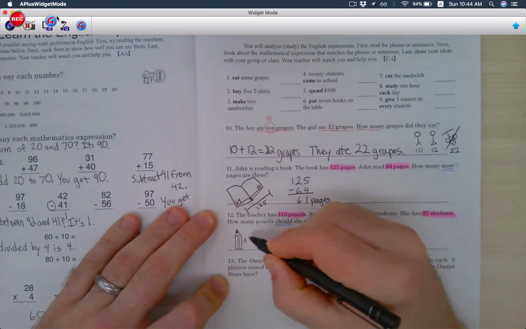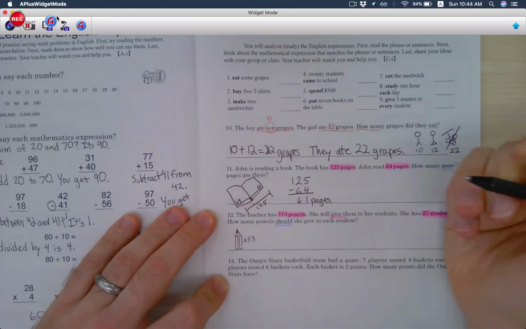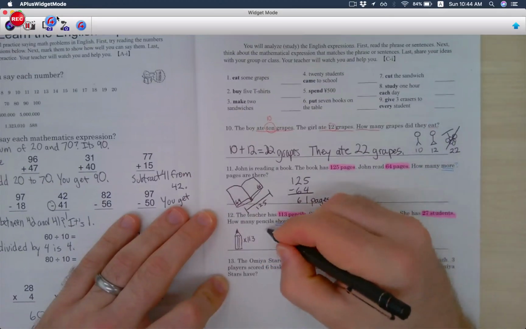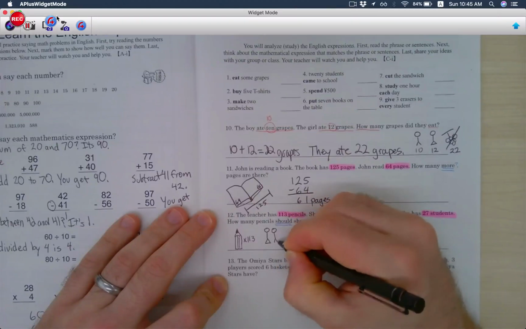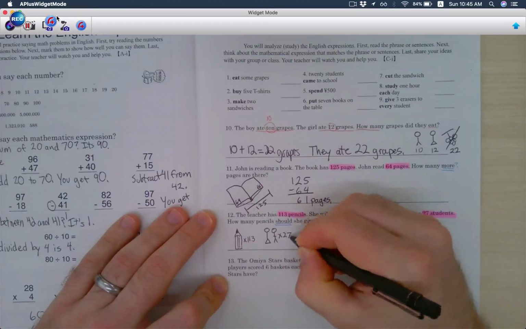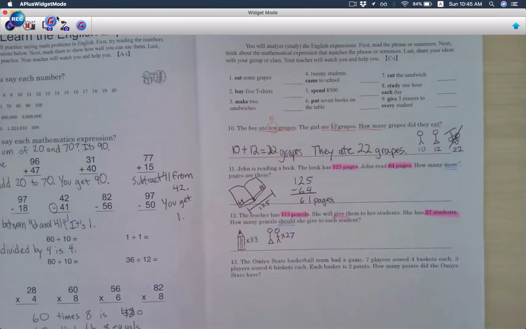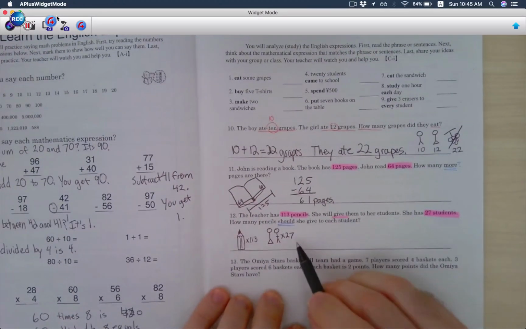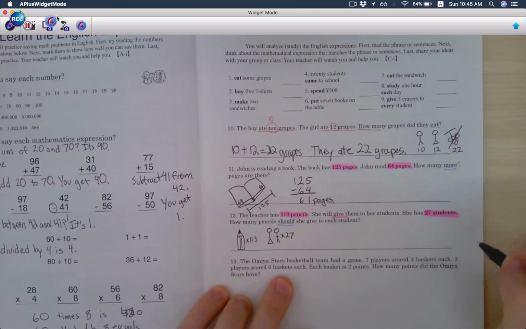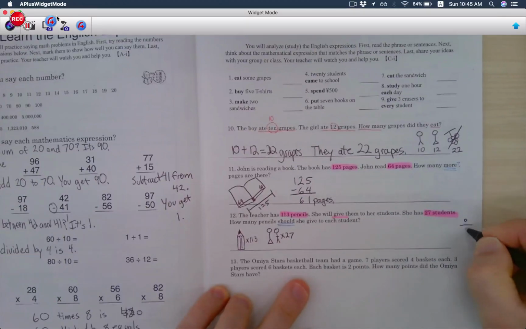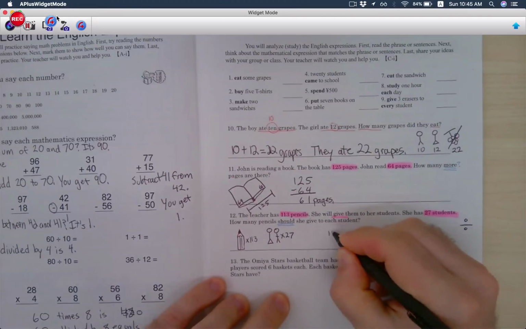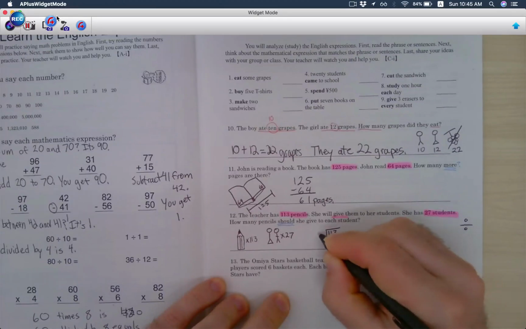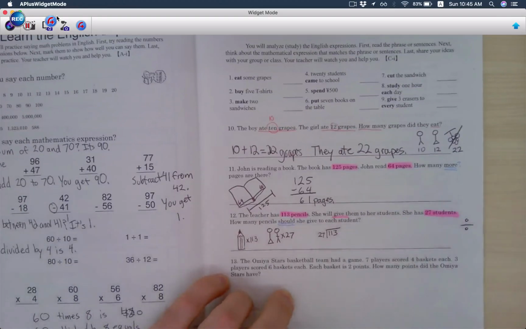There are 113 pencils, and there are 27 students. So I think I must use division, and I will use division for this problem. That means I need to do 113 divided by 27.